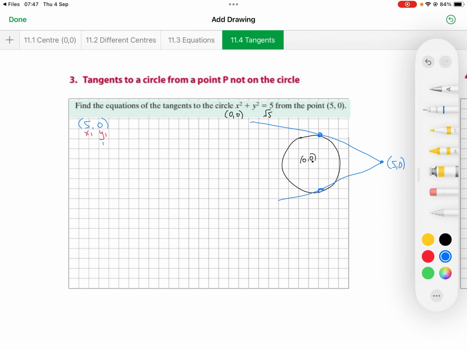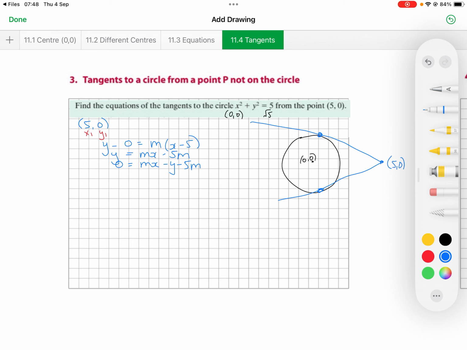We don't know our slope, so it's y minus y1, so 0, equals m, x minus x1, which is 5. So y is equal to mx minus 5m. So if I bring everything across, 0 is equal to mx minus y minus 5m. But that's the equation of any line going through the point (5, 0).